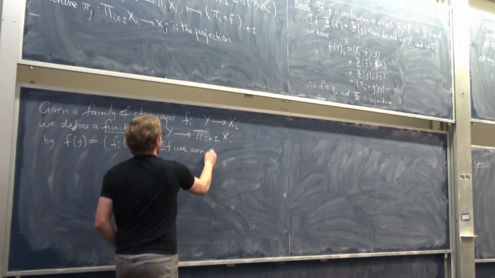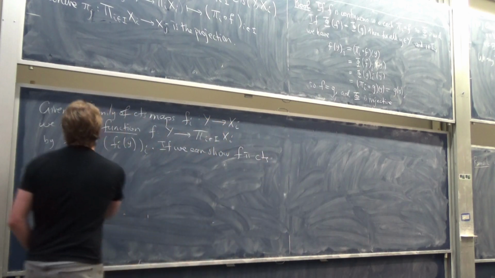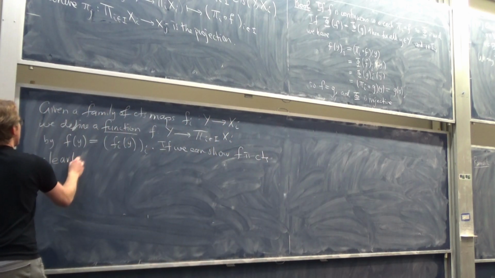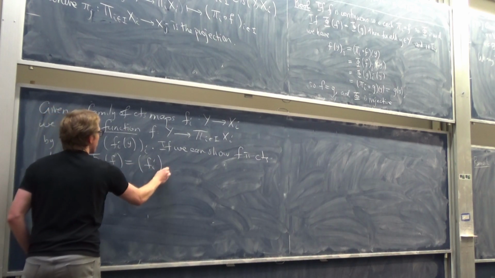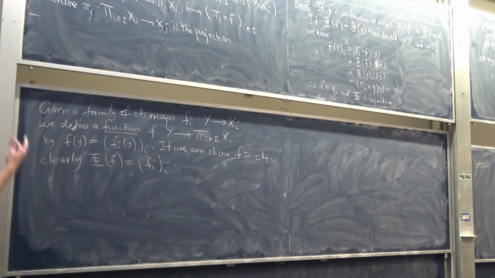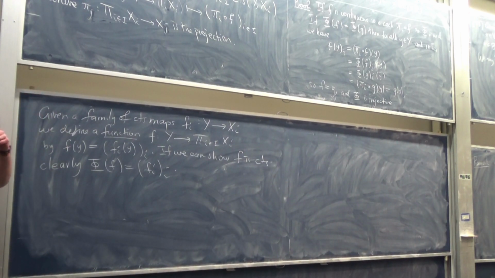So if we can show f is continuous, clearly then phi f has to be the sequence we started with, right? Because we set it up so that the components of the f are the fi's. So if f is continuous and lives in the left-hand side, it does map to the sequence we started with. And therefore phi will be surjective. So we just need to show that this f is continuous.